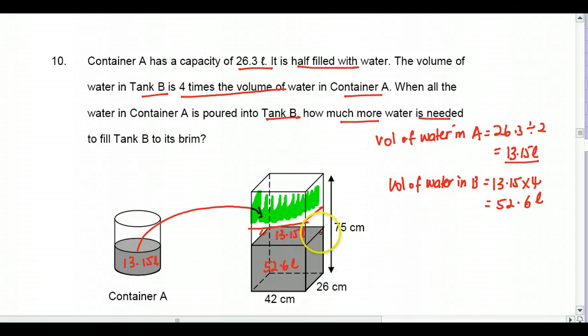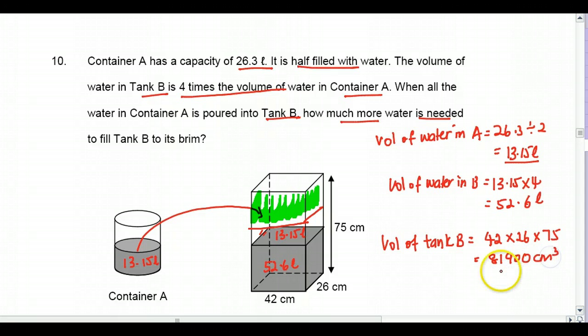So how do I do it? First I need to find the volume of the tank. Volume of tank B is length times breadth times height. So it's 42 cm times 26 cm times 75 cm, which will give me 81,900 cm cubed. I change all to liters, it will be 81.9 liters.